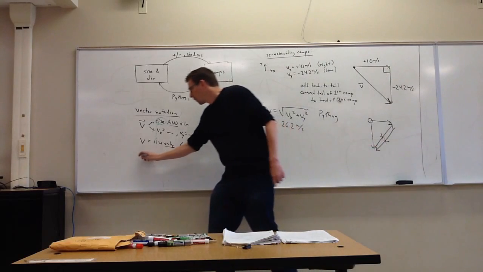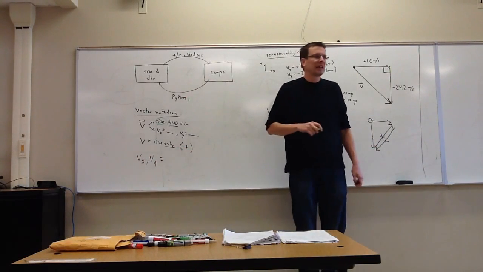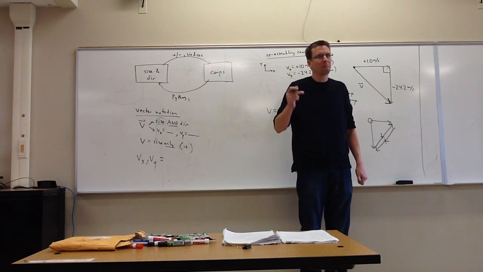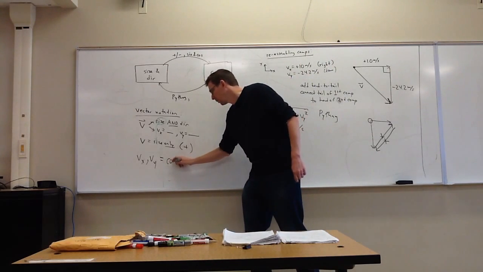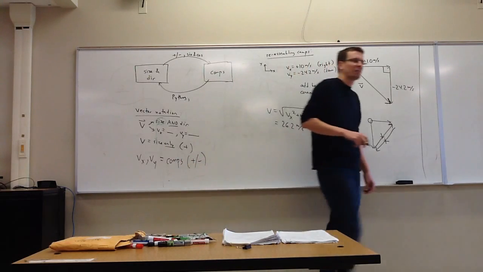If we want to refer to components, we explicitly indicate that it's the x component or the y component. These are the components. And components, of course, can be plus or minus. That's a game that components play.